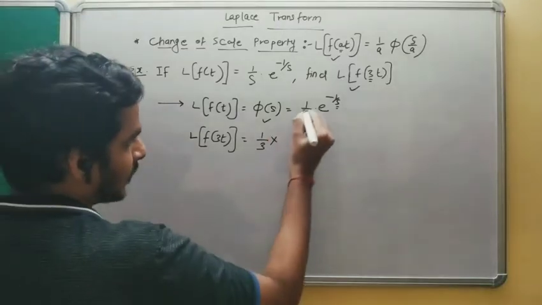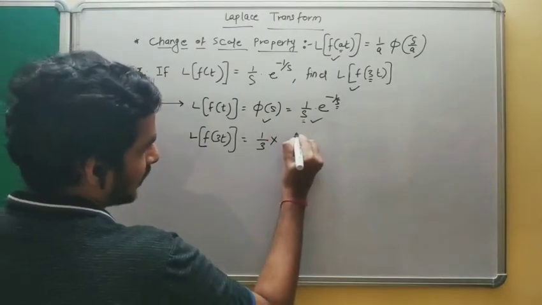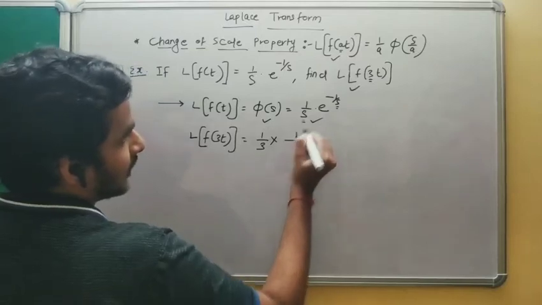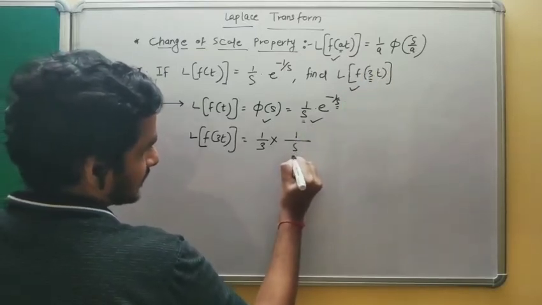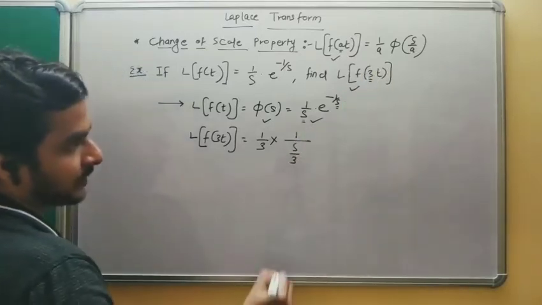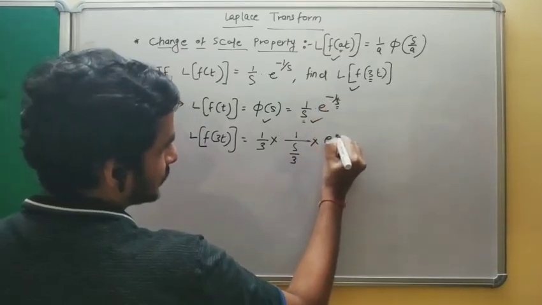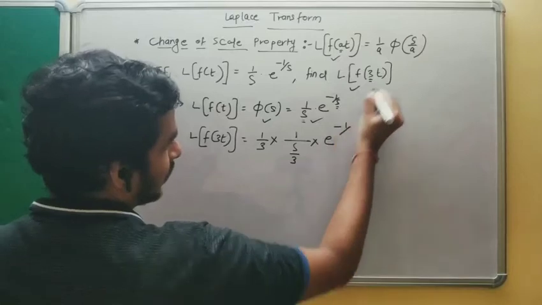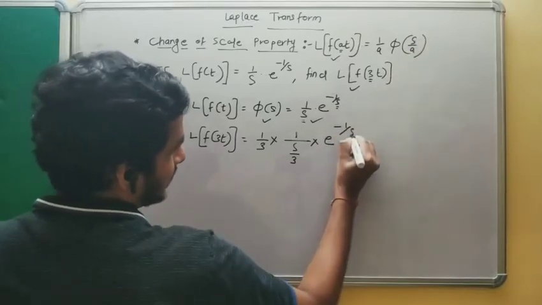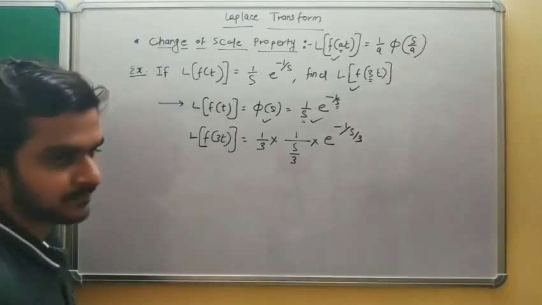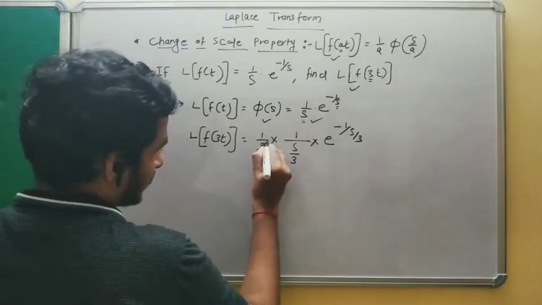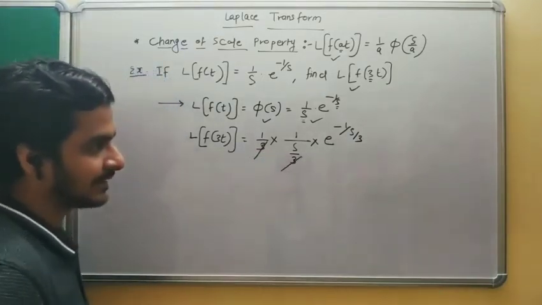So this will become 1 upon s upon 3 into e raised to minus 1 upon s by 3. So this 3 and 3 get cancelled.